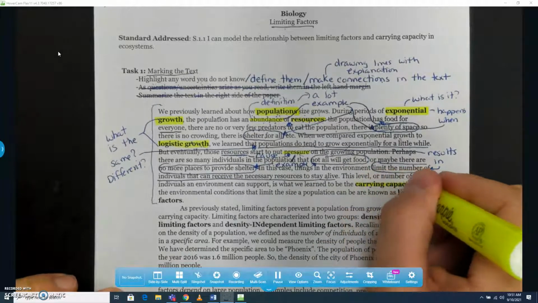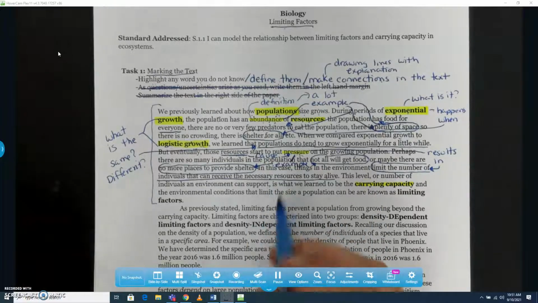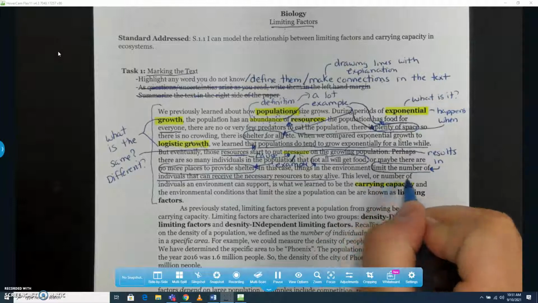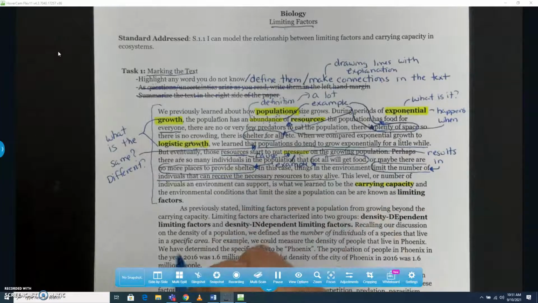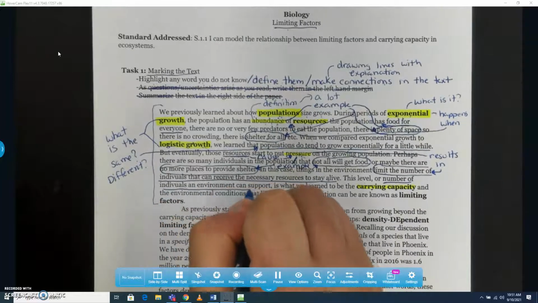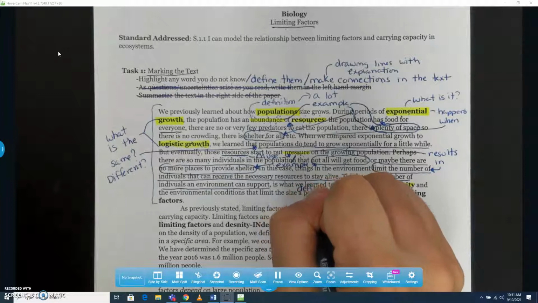Carrying capacity is a word, and this one is nice because it was defined right in the same sentence. It's telling us that this is what's going on, and that's what it's called. Number of individuals an environment can support. That would be our definition.